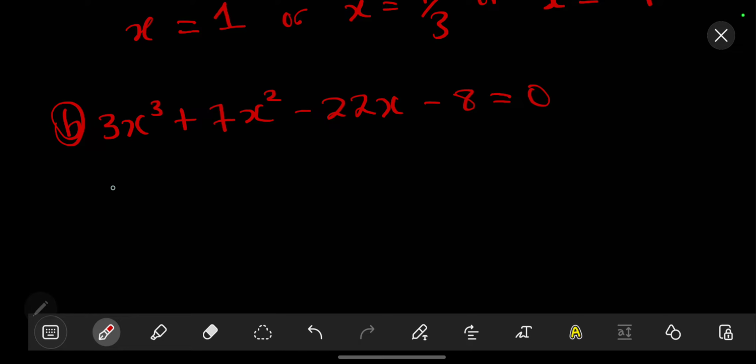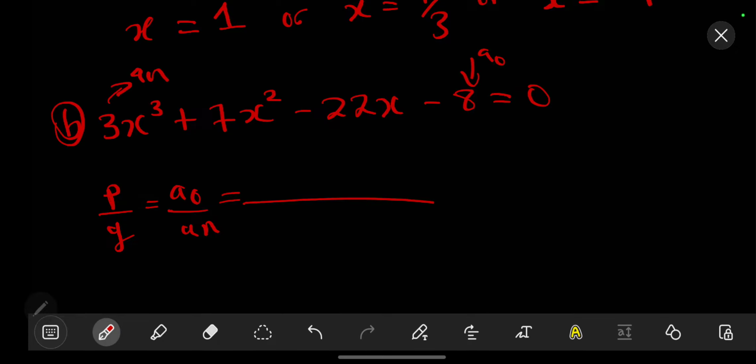So we are going to have p over q, which is equal to a0 over an. Our a0 in this case is this one, and our an is the one having the highest power.